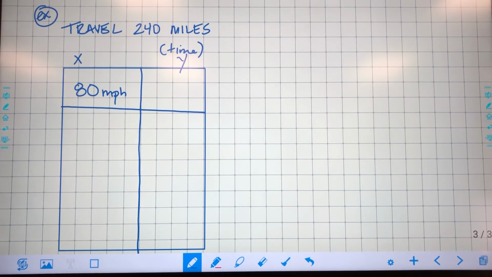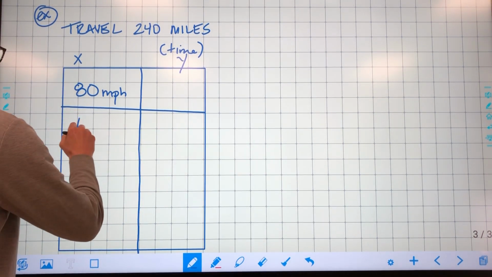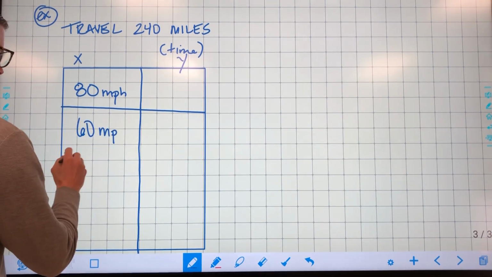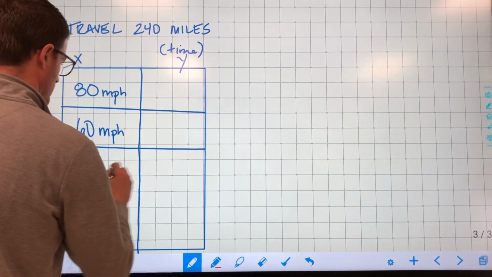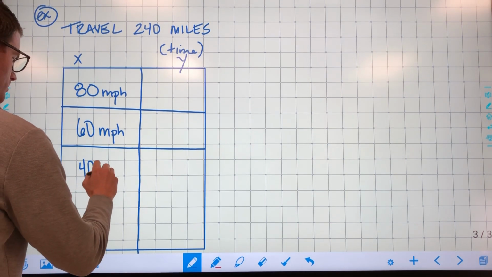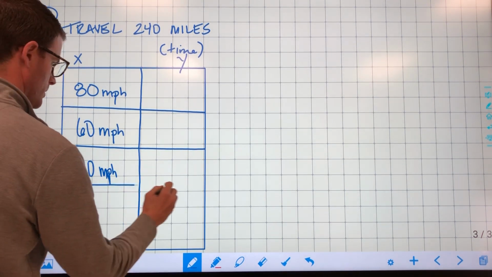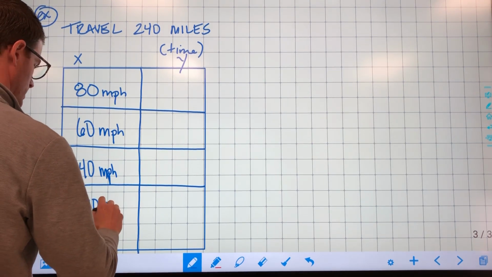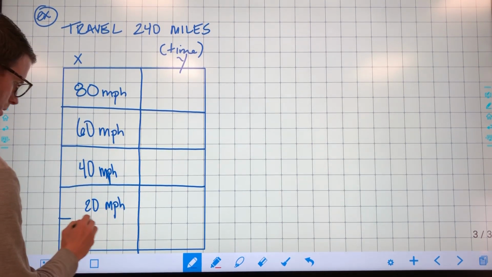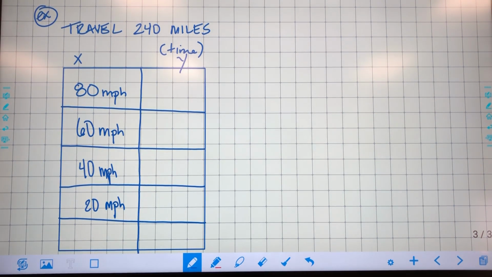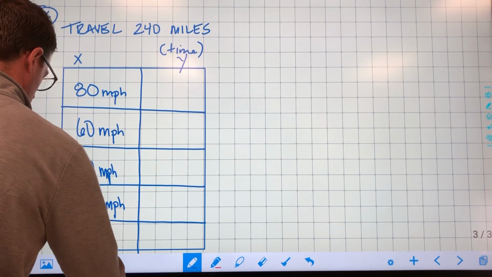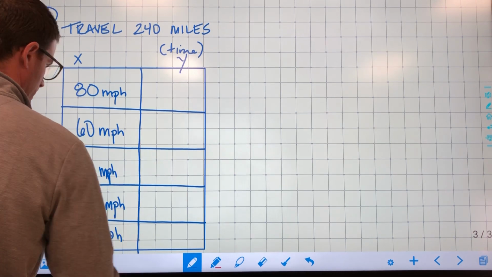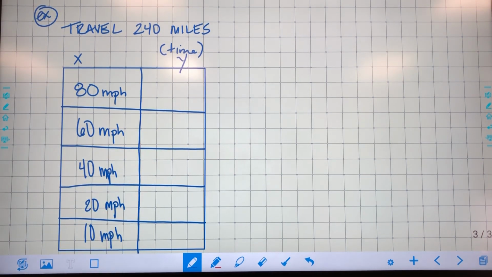If I drive 60 miles per hour, 40 miles per hour, 20 miles per hour, and we'll go 10 miles per hour. You figure out what the time is here. Press pause, take a second, try to figure it out before I continue.